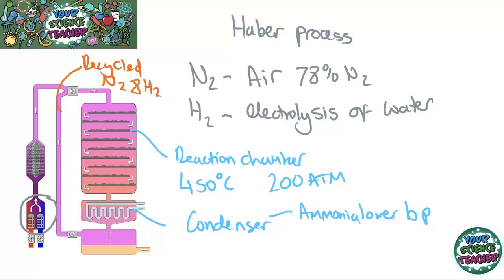Also, removing my ammonia from my reaction chamber, I'm shifting my equilibrium further forwards, because if I'm removing my ammonia as it's forming, my reaction is going to shift to try and make more of it, thus increasing my yield even further.